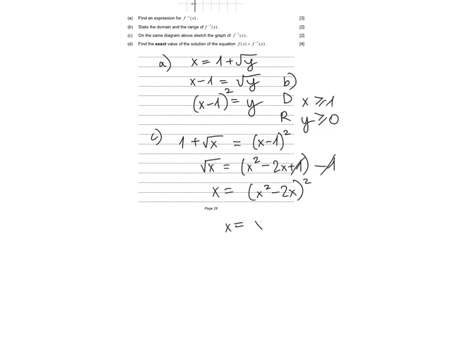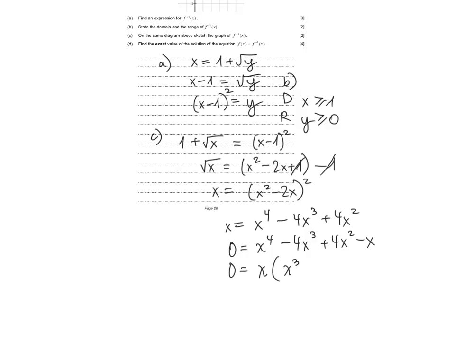So we are going to have x to the fourth minus 4x cubed plus 4x squared. And then we have this mess. And then we can factor out an x, cubed minus 4x squared plus 4x minus 1. So x is 0, or we can't solve a cubic.